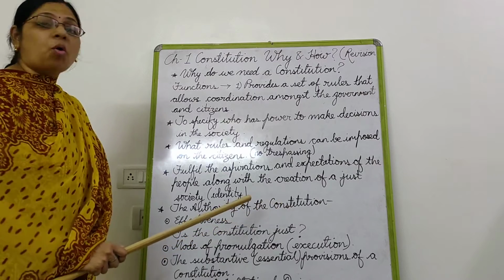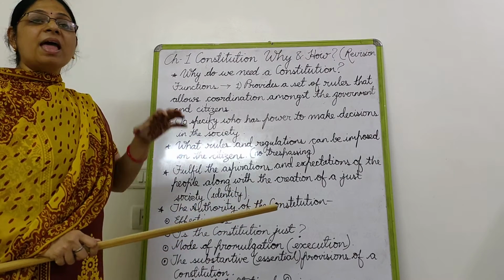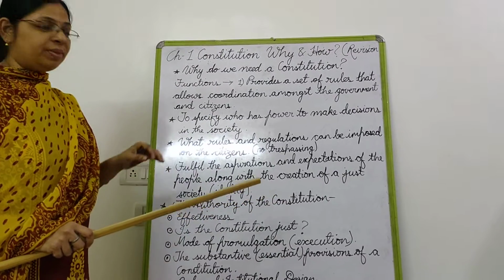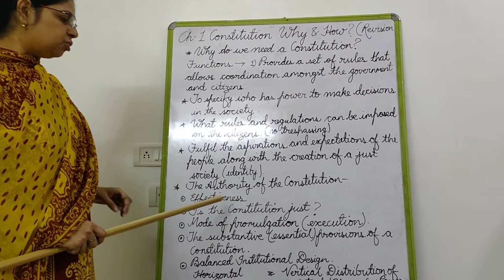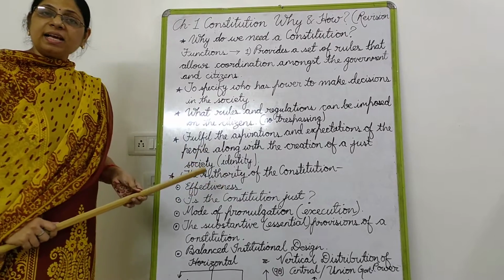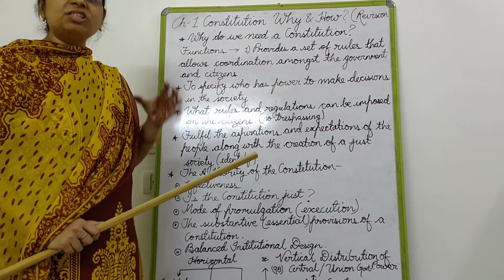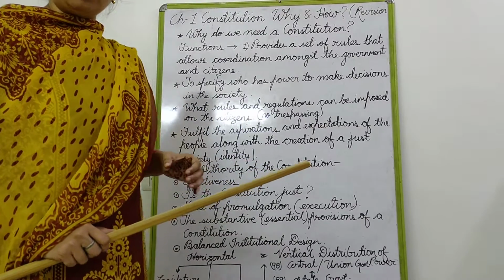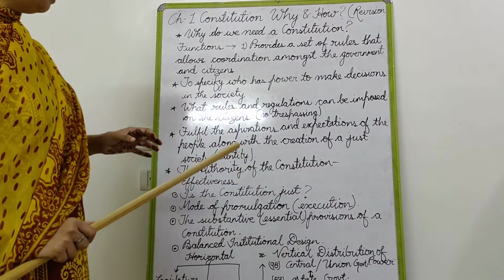So, what is the authority? Authority means the objective and way of working of any constitution. First and foremost, any constitution can be a success only if it is effective. How to make it effective?